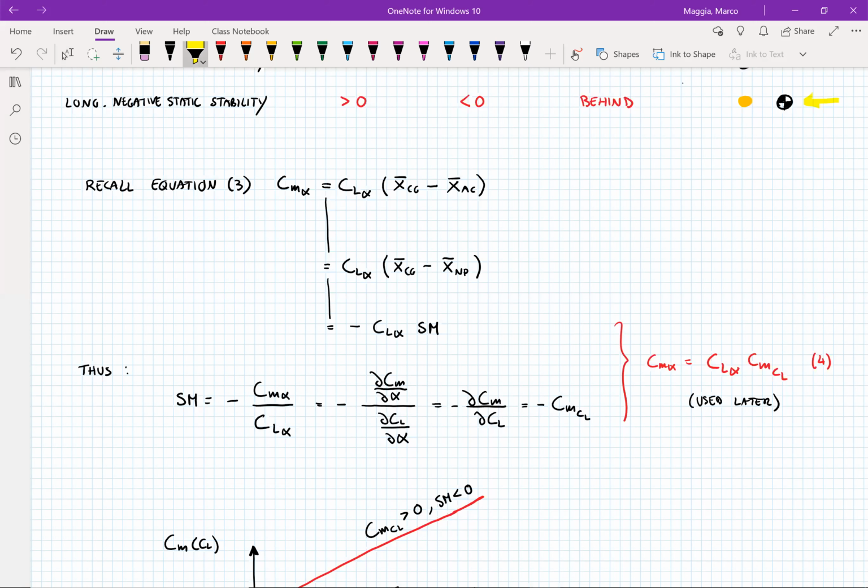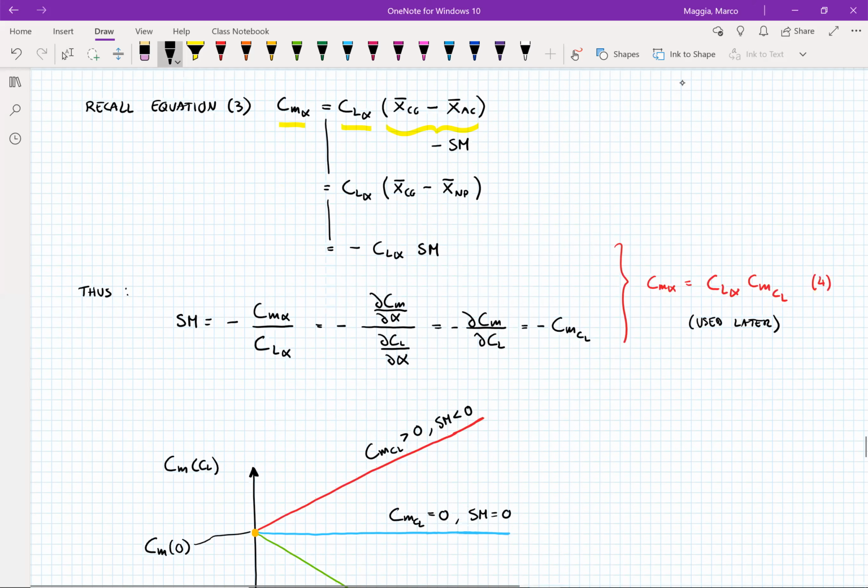All right, so let's now take a look, once again, at the equation linking Cm alpha with Cl alpha and this distance here, which is minus the static margin. As this equation suggests, Cm alpha is equal to minus Cl alpha times the static margin, or the static margin is equal to minus Cm alpha over Cl alpha.